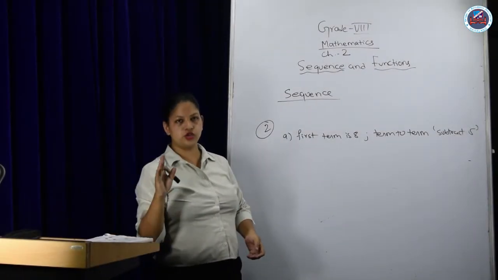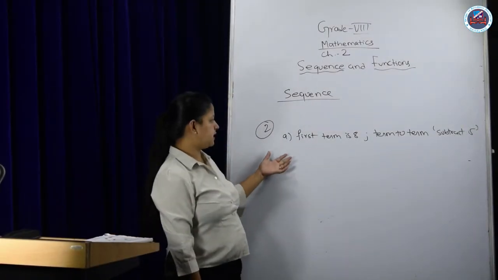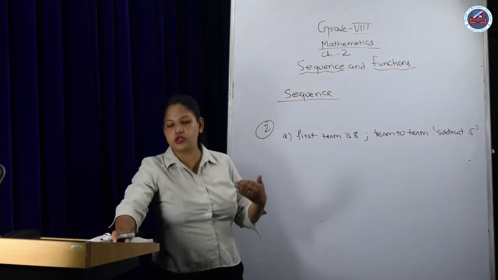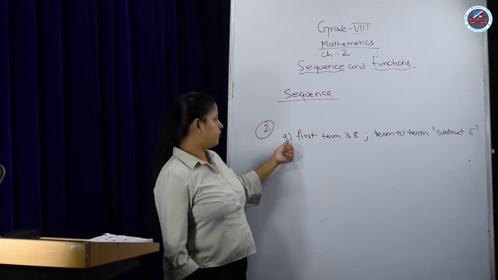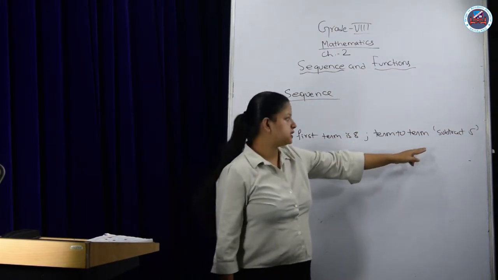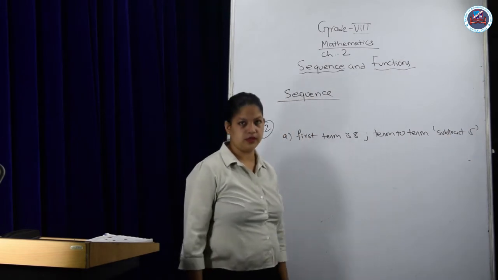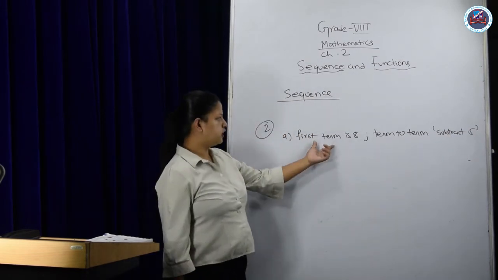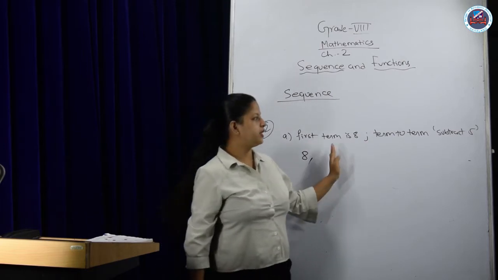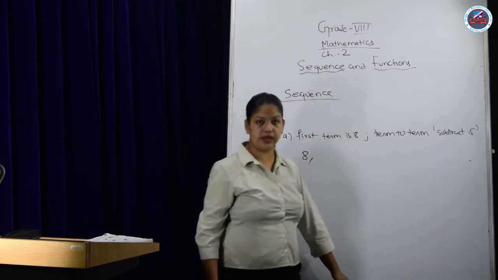So when you look at question number 2, the first one is given like this. Generate 4 different terms, or write down the first 4 terms, if the first term is 8 and the term to term rule is subtract 5. From here what do we understand? The first term is 8. Now the second term would be, subtract 5, 8 minus 5, 3.